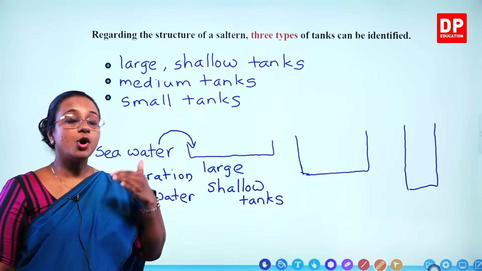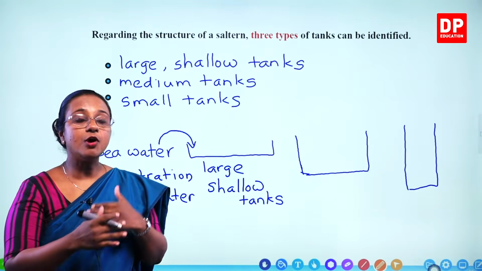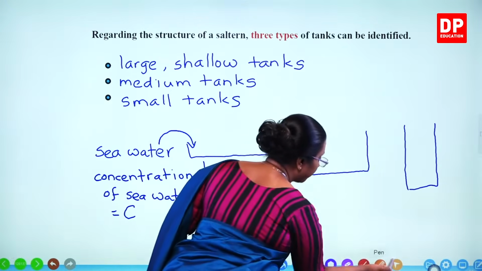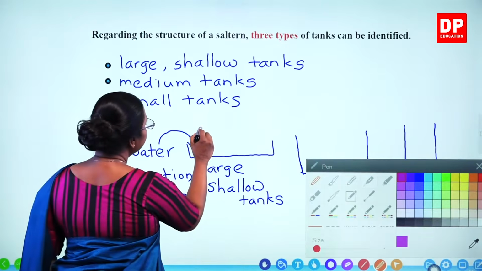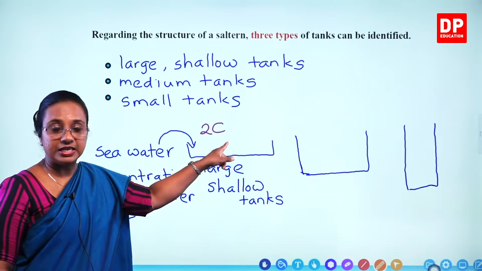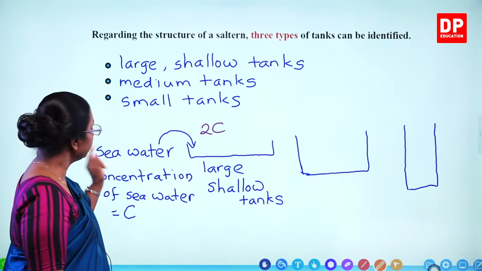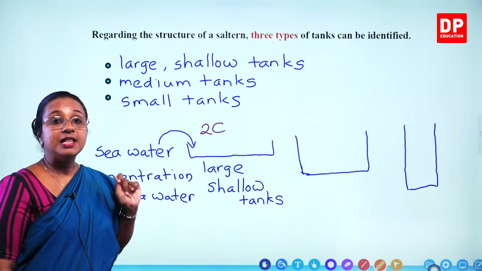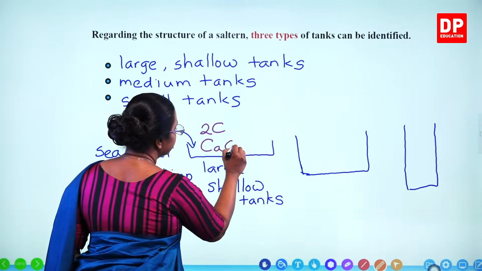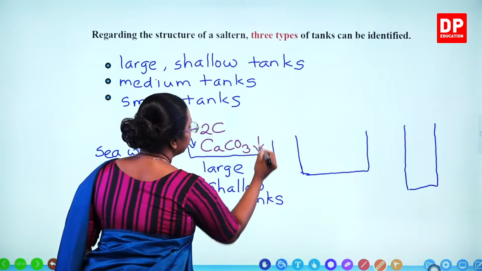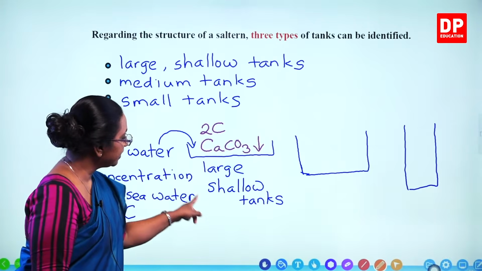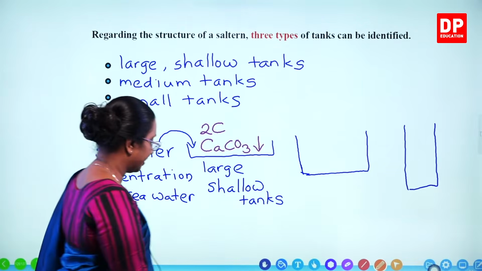That is, the water evaporates, and when the volume becomes half, the concentration becomes double. I will indicate it as 2C, double the concentration of the seawater. Then calcium carbonate that is present in seawater will precipitate. That will take place in the large, shallow tank.